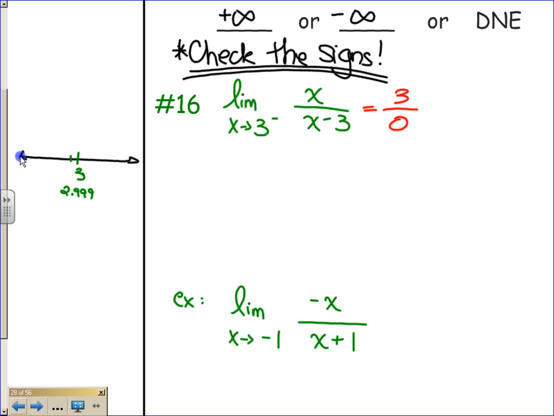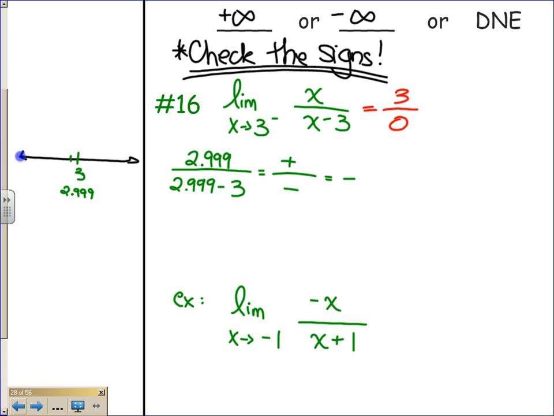But what I can do is I can say, hey, if I just think of something kind of like 2.99, sure. Then I can imagine what's going to happen when I plug in 2.99 over 2.99 minus 3, and I can just say, wait a minute, I know the answer is one of these if it's a one-sided limit, so which one? Well, guys, if I go 2.9, 2.99, 2.999, what's my sign on top? Positive. What's my sign on bottom? Negative.